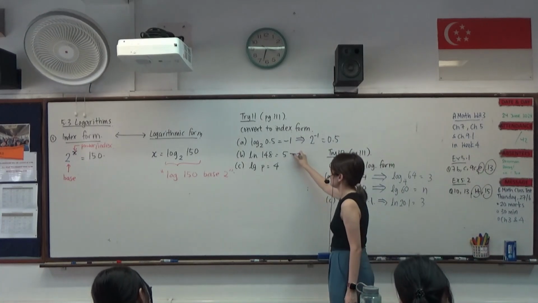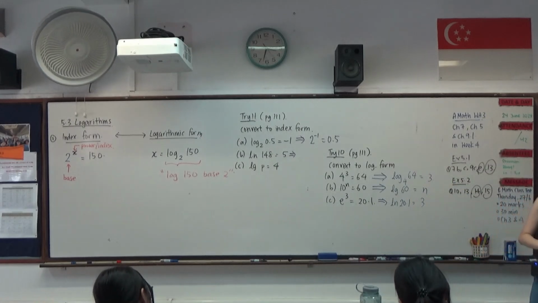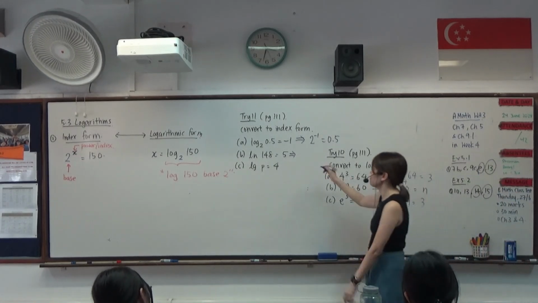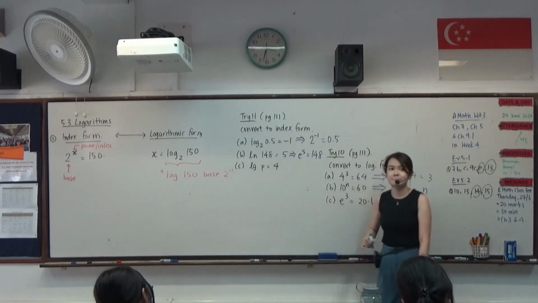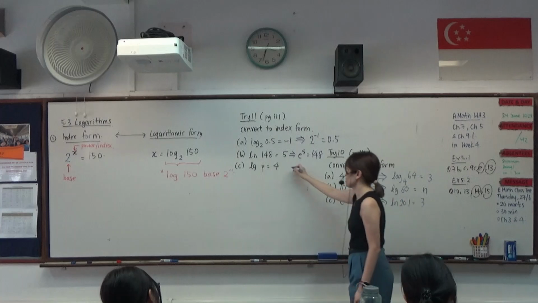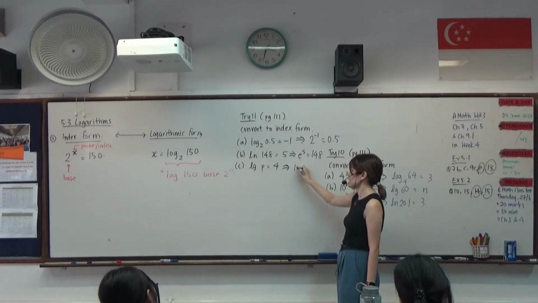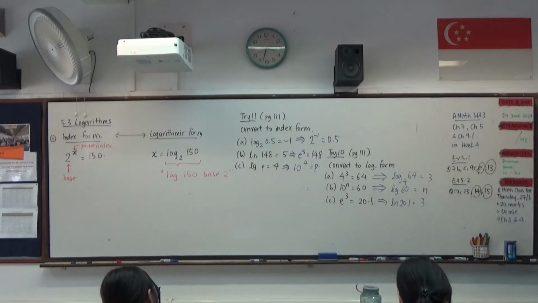Part B, if we say ln 148 equals 5, what do I write? e to the power of 5 equals 148. Okay? And then the last one, the base will be 10, so 10 to the power of 4 equals P. Okay?